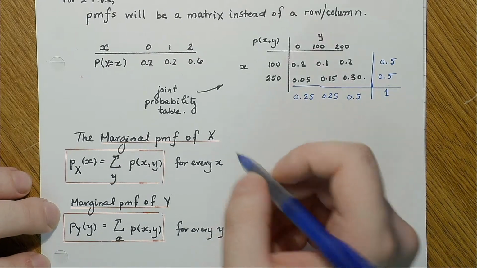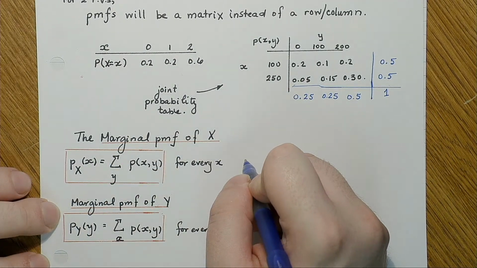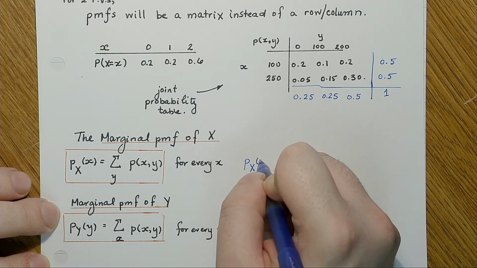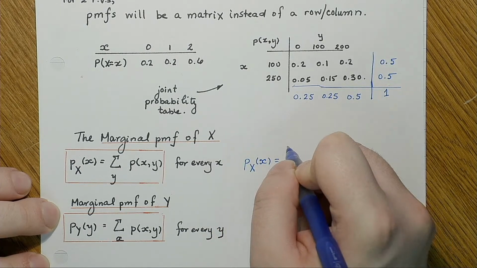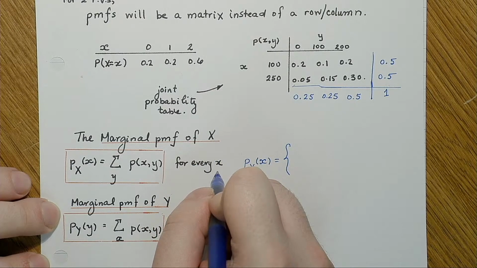So in this case, if I wanted the probability mass function of x, it's for a particular value of x.